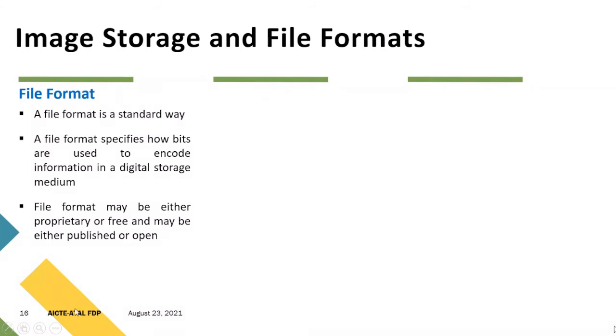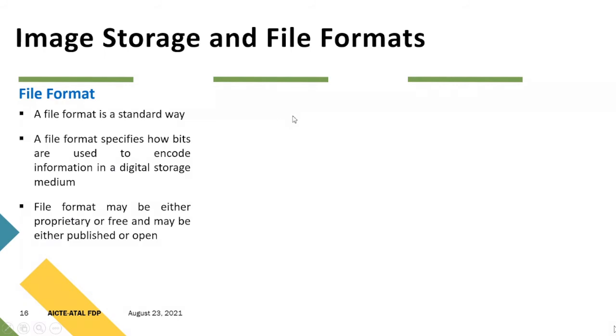That is why the format is required. A file format is a standard way, and it specifies how bits are used to encode the information in the digital storage medium. Any file format may be free or proprietary. So this is about the file format.